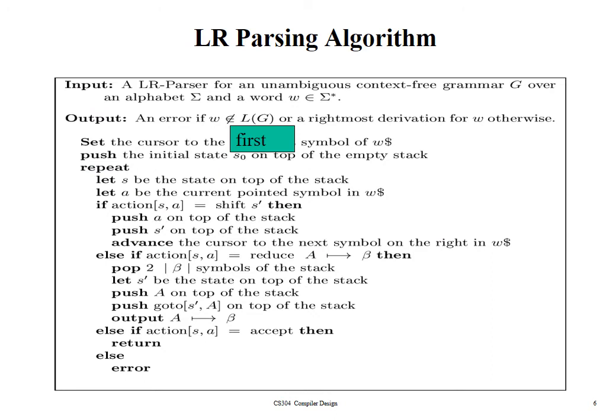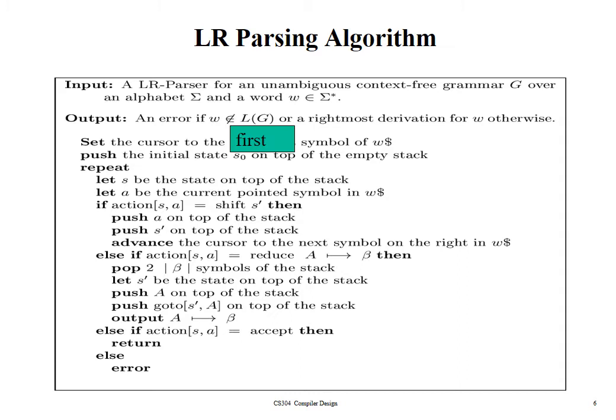The previous slide explained the actions, and that same thing is represented as an algorithm. Input will be a string, and it will be appended with a dollar at the right hand side, and as output for a parser, we are expecting productions.